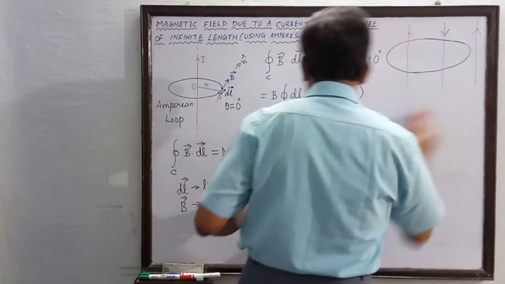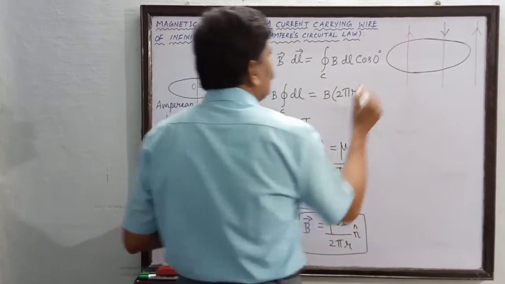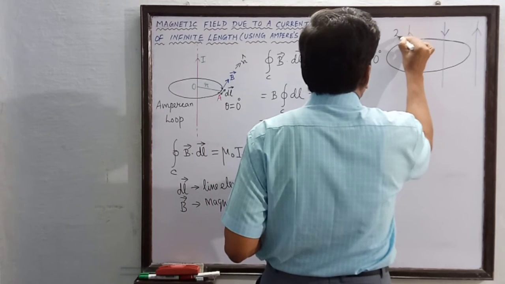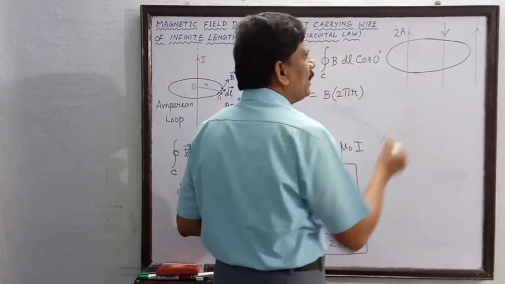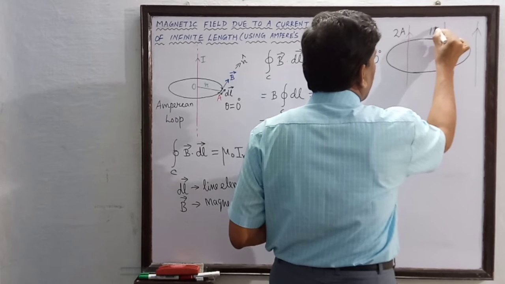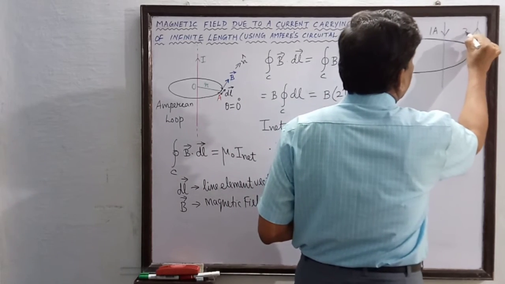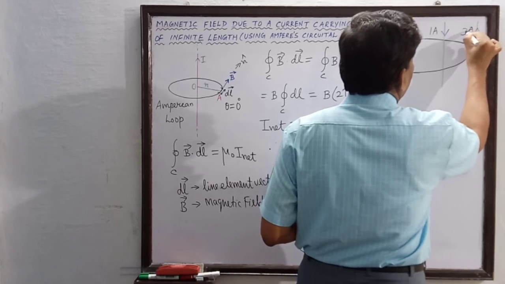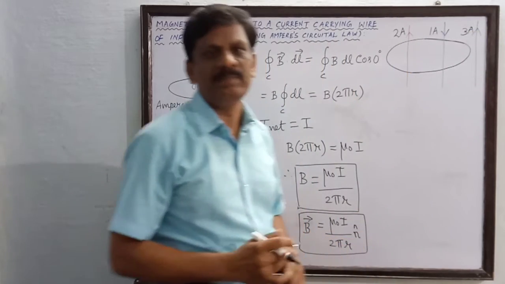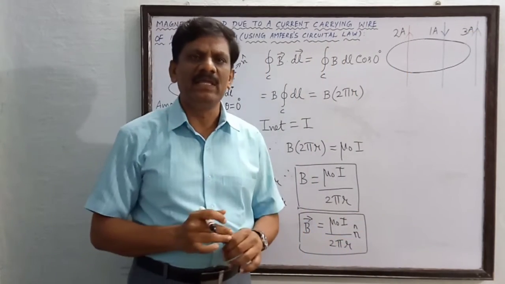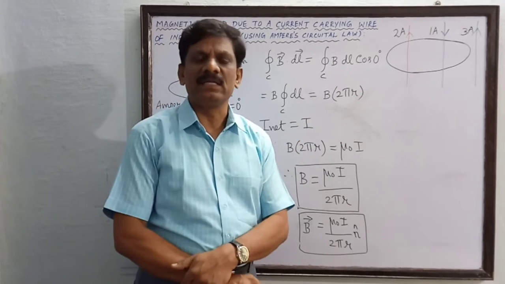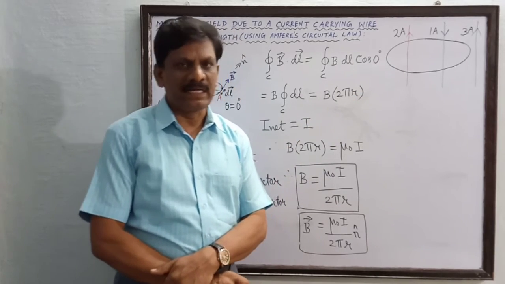If in the first conductor 2 ampere current is flowing upward, in the second conductor 1 ampere current is flowing in the downward direction, and in the third conductor 3 ampere current is flowing in the upward direction. Now look carefully, totally how many conductors are there? There are 3 conductors.